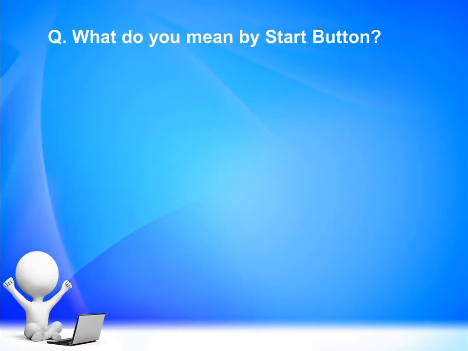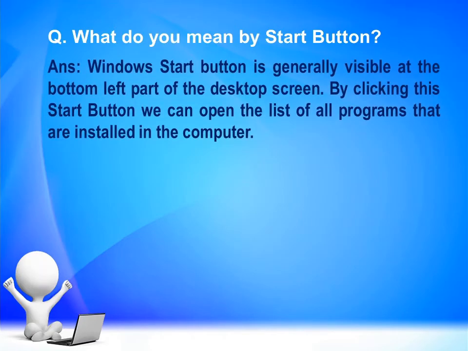Next question is, what do you mean by start button? The answer is, Windows start button is generally visible at the bottom left part of the desktop screen. By clicking this start button, we can open the list of all programs that are installed in the computer.